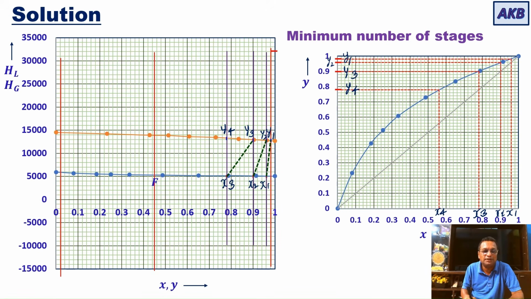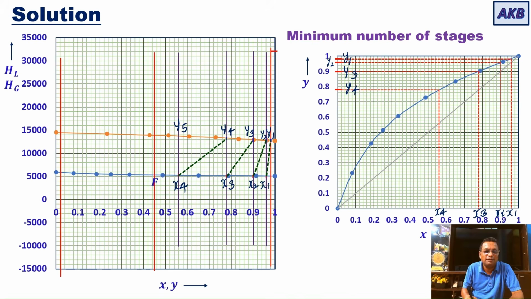Come back to the enthalpy concentration diagram, locate x4, which is 0.56, then draw a vertical line through x4, then connect x4 and y4 with a tie line, read this as y5.